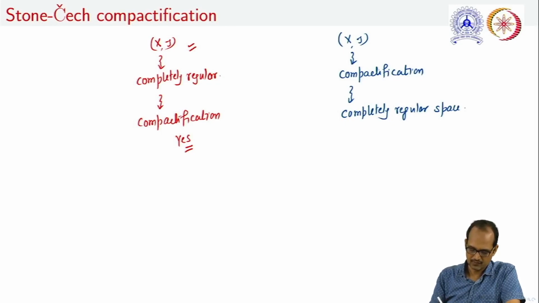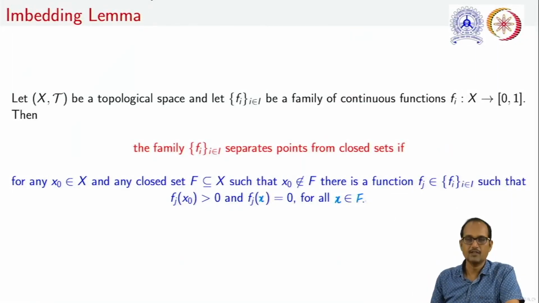Before studying such compactification of a completely regular topological space, let us see a concept known as the embedding lemma, which we are not proving here, but we will use for the study of Stone-Cech compactification. What this lemma says: if we have a topological space (X, tau), let us take a family of continuous functions, a collection of f_i from X to the closed interval [0,1].